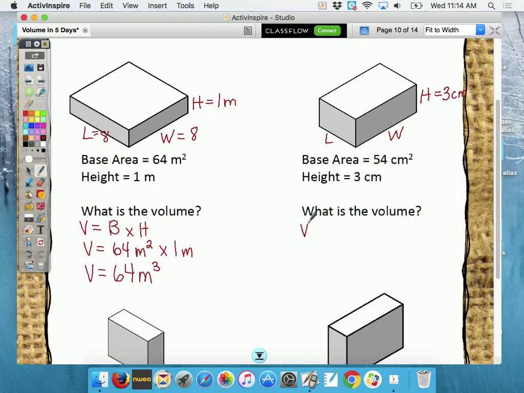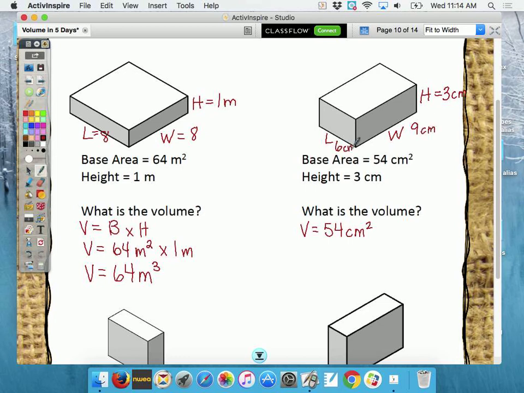So let's just start with volume equals 54 centimeters, what? Squared. Because it really stands for length times width. By the way, what's the length and the width? 9. So you think this is 9 and this is 6. You're probably right.